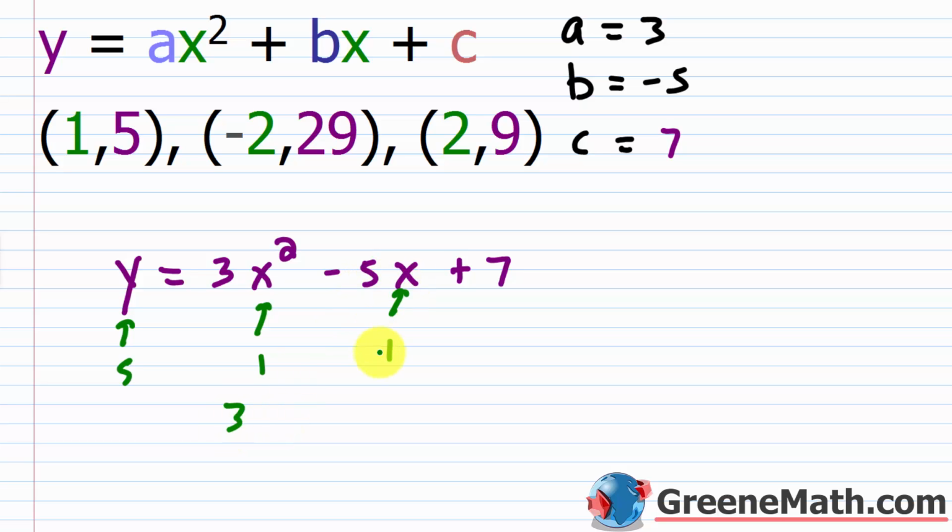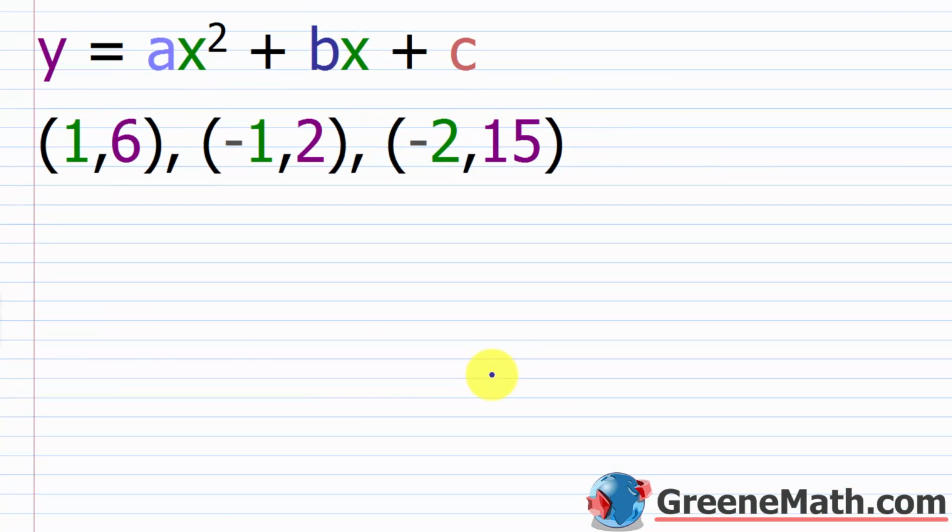And then 5 times 1 is 5, so minus 5 plus 7. 3 minus 5 is negative 2. Negative 2 plus 7 is 5. So we would have 5 equals 5, which is true. So we know this one works. Again, I'll leave it up to you to check these other two, but I can tell you right now I've already checked them, and they do work. So our equation is going to be y equals 3x squared minus 5x plus 7.